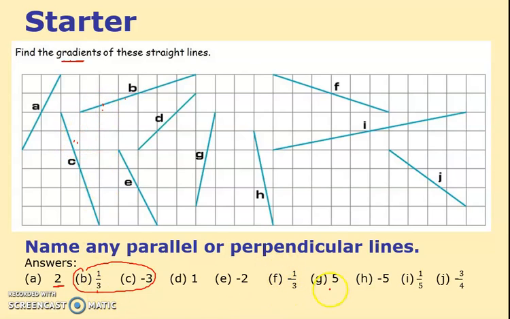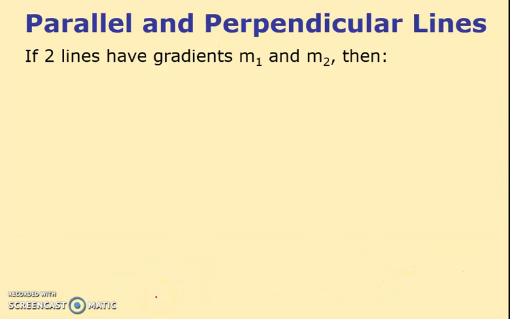Obviously the ones with the same answers would be parallel. H and I, these two are interesting, I think. I don't think I've seen any which are parallel. No, I don't think any of them are. But certainly those two sets are interesting. I think they're perpendicular lines.